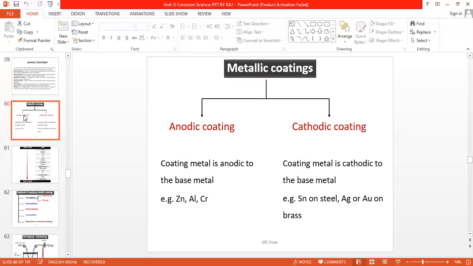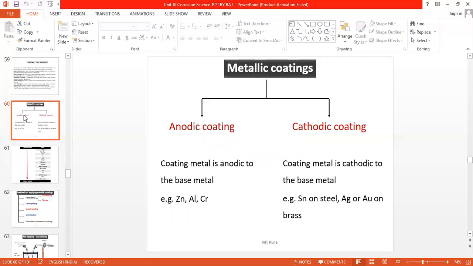Now we will see the two types of the metallic coatings. The metallic coatings can be anodic in nature or can be cathodic in nature. Already we have discussed repeatedly, I am repeating this Nernst theorem so that you will remember all the concepts in the corrosion, that when any two elements or metals are in contact with each other in presence of suitable conducting medium, the metal which is placed relatively at a higher position in the galvanic series is more active.